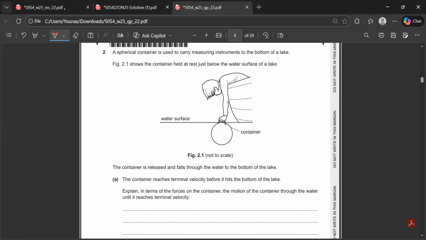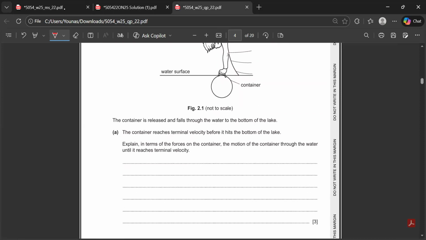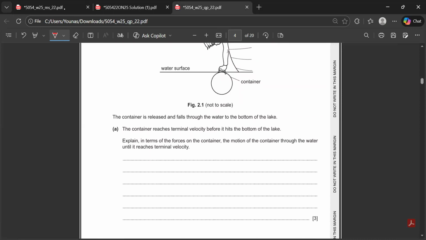The container is released and falls through the water to the bottom of the lake. The container reaches terminal velocity before it hits the bottom of the lake. Explain in terms of the forces on the container, the motion of the container through the water until it reaches the terminal velocity. We have 3 marks for this.